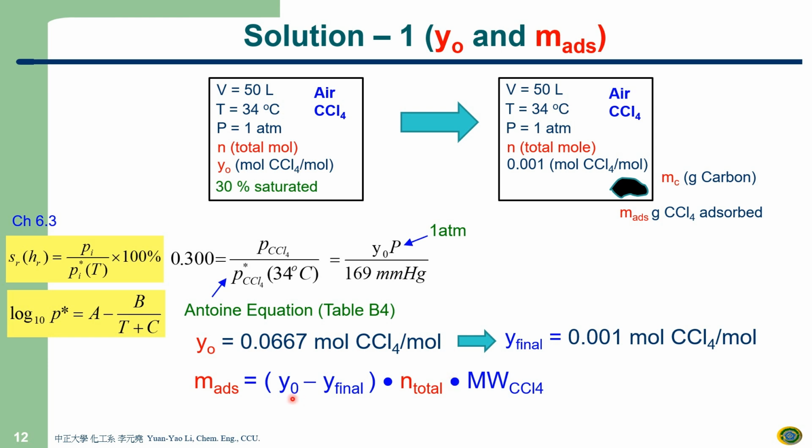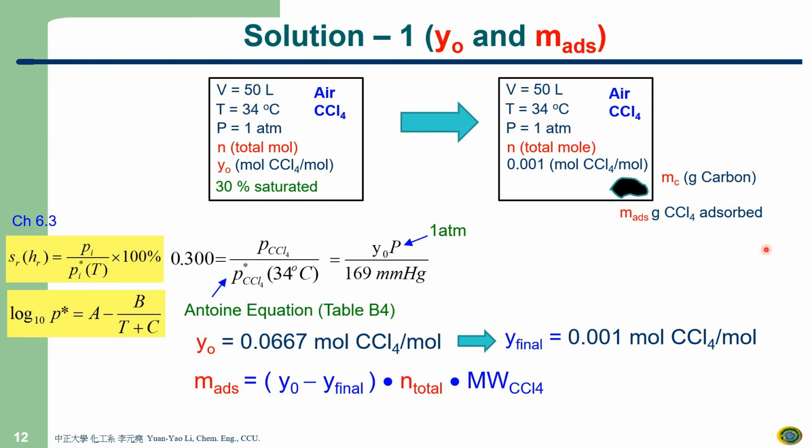But this is moles, and you need to know the weight. So you have to multiply by the molecular weight of carbon tetrachloride. Moles times molecular weight gives the mass of carbon tetrachloride adsorbed on the activated carbon.